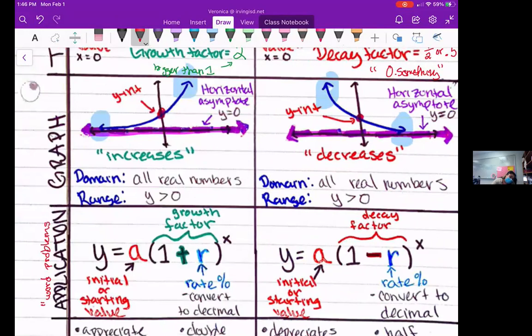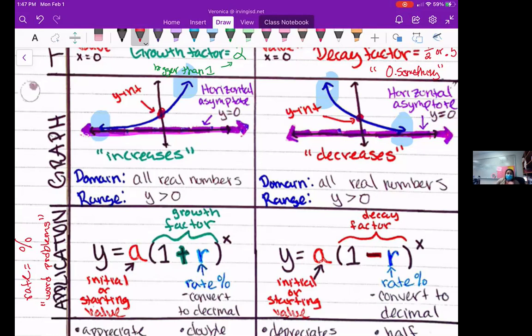Now, you know that you need to use these equations if they give you a rate, which means they give you a percentage. If they give you a percentage, then that is your big, huge red flag or green flag. It's a flag telling you, hey, you need to use these equations. Okay, so let's analyze these equations before we go to the examples.